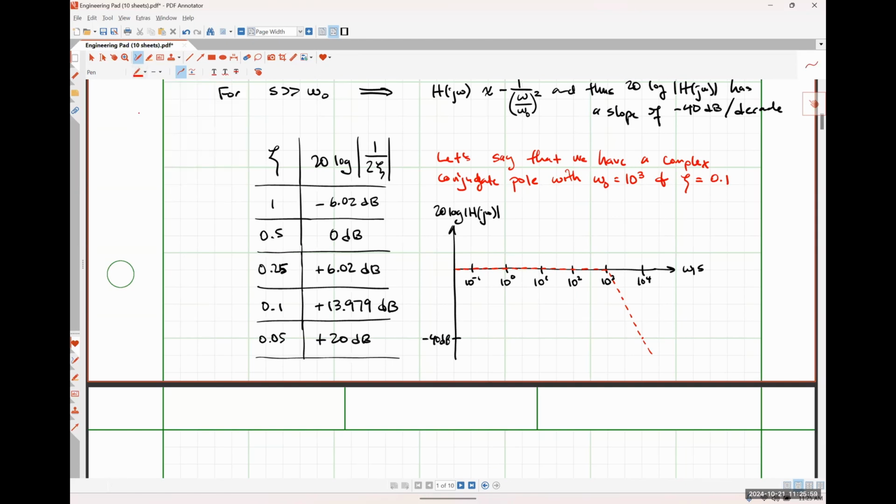And then I'm also going to add a correction of plus 13 dB right here. And I need to make all of these things true effectively at the same time. So I'm just going to plot that like this. It's going to jump up, touch this point, and then fall back down and catch up to the minus 40 dB per decade slope.